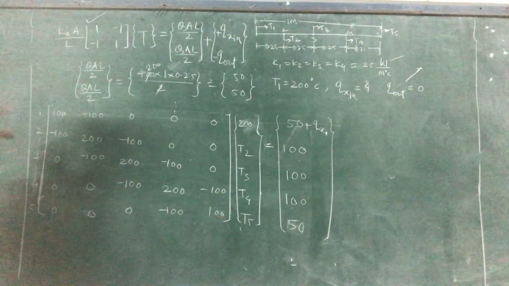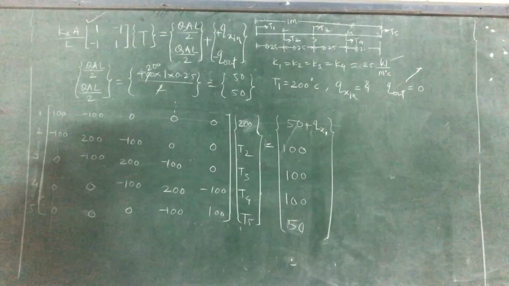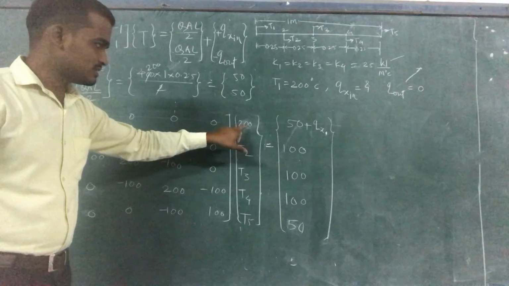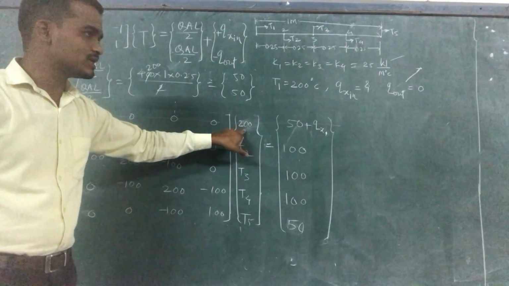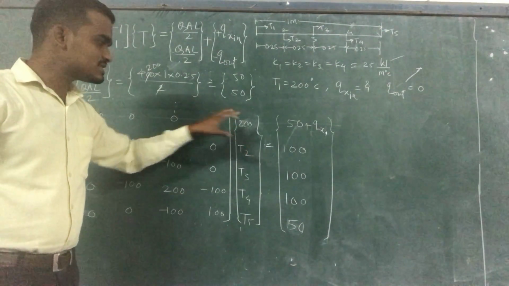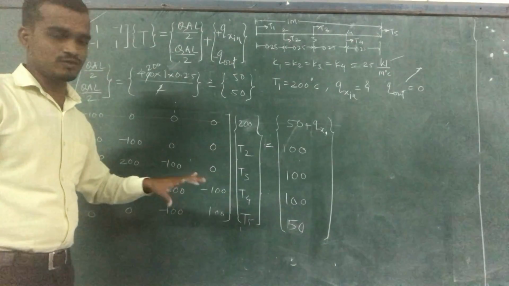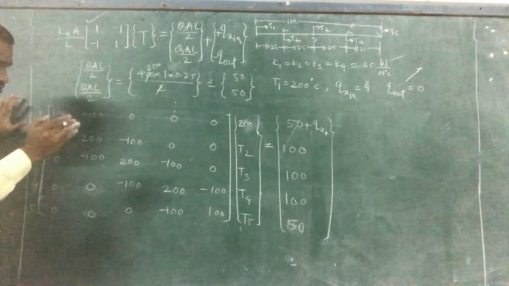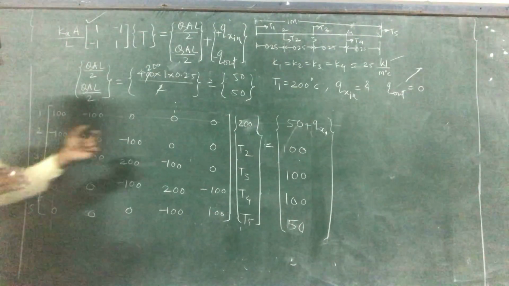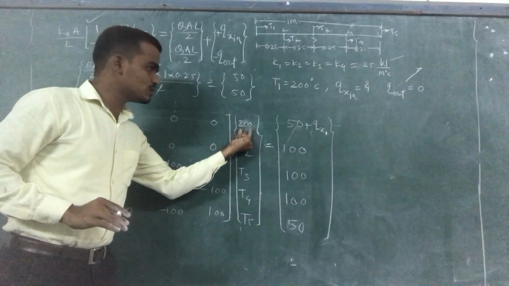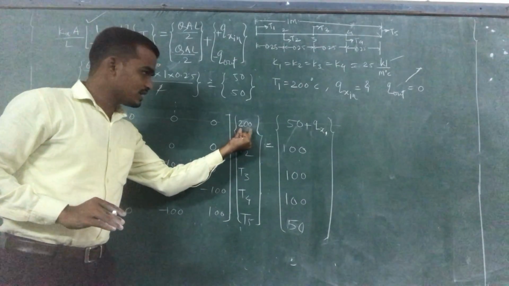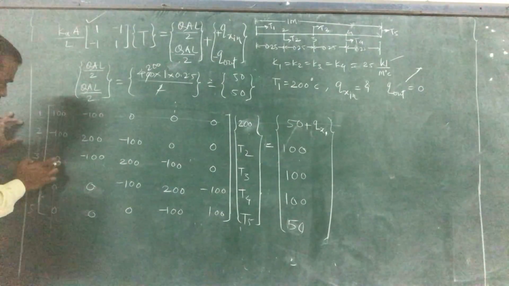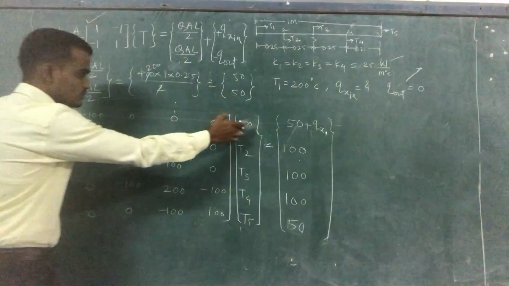But you need to remember: due to the temperature T1 equal to 200 degrees Celsius, what is the effect on the second, third and fourth equations? We need to cross check whether this 200 temperature value is affecting any other equation. For the third equation the first element is 0, so 0 into 200 is 0.